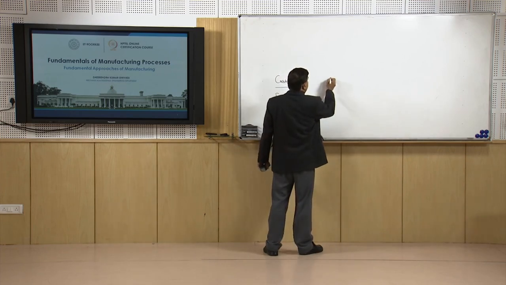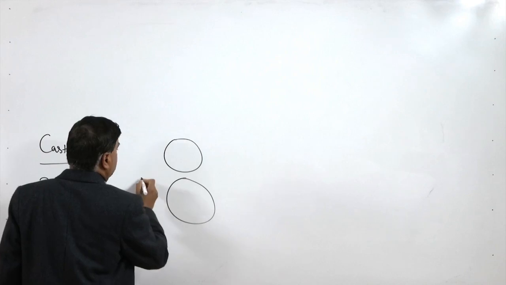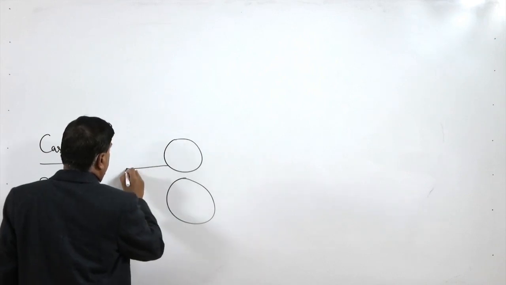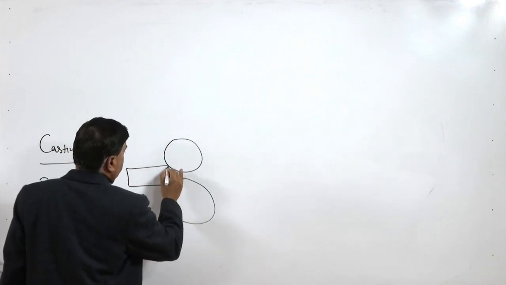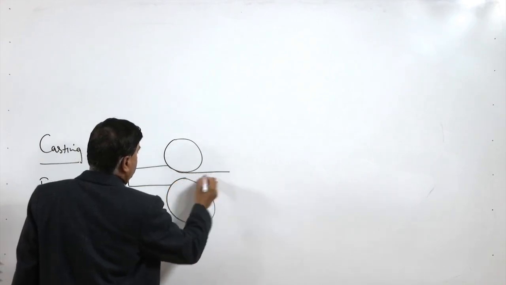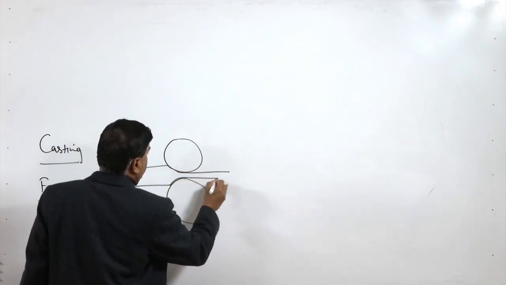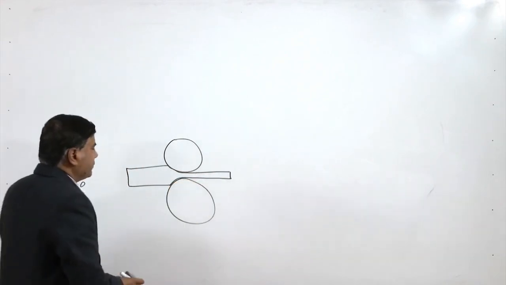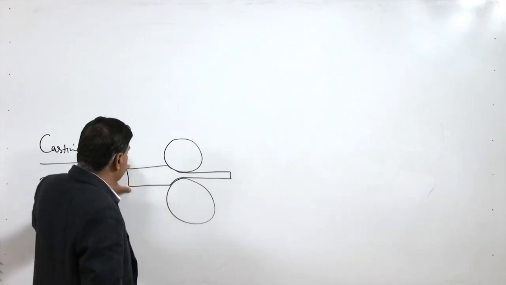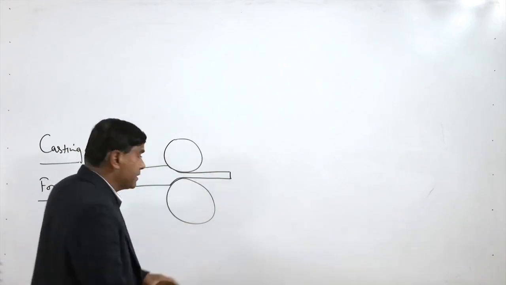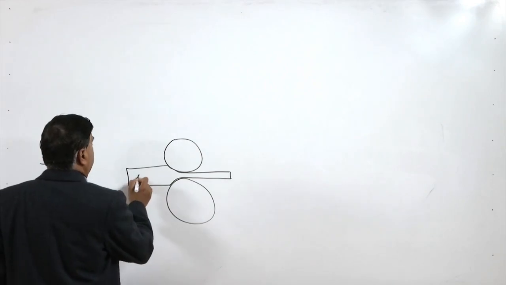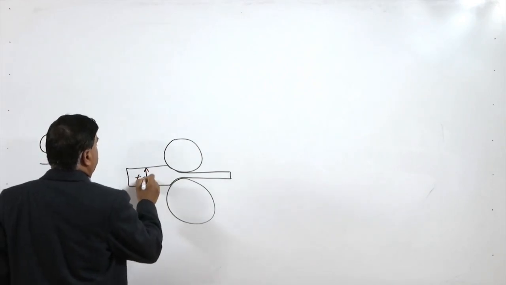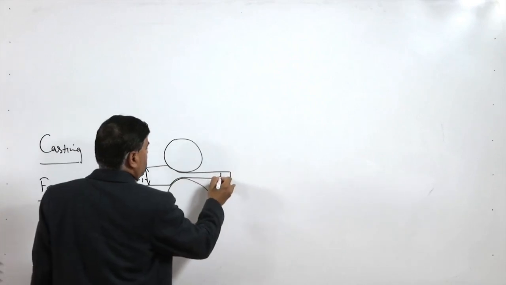The rolling is one process wherein there are two rolls like this, and the material is forced to pass through these rolls, so that its cross section can be reduced. So, here say initially thickness is this much, and thereafter its thickness is reduced from T1 to T2.